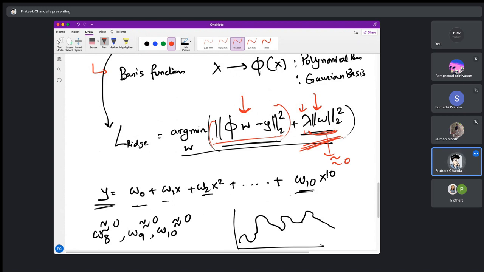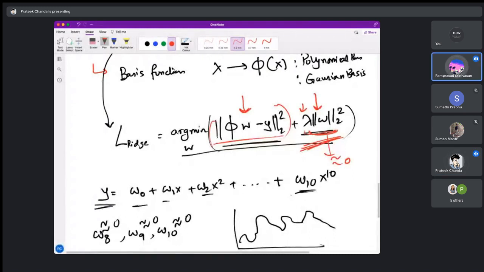If you want to rigidly balance model complexity, you don't want very high model complexity, and you don't care too much about minimizing the loss, then you can choose a very high lambda, because your focus is to reduce the model complexity.